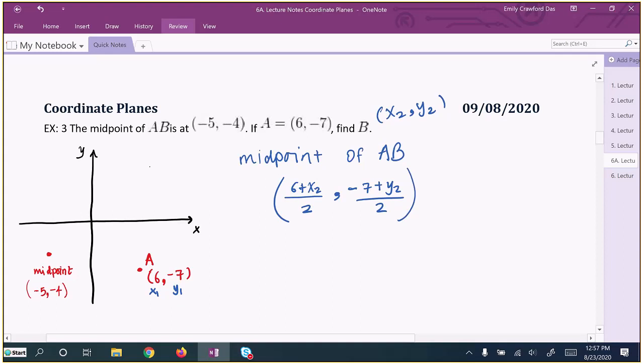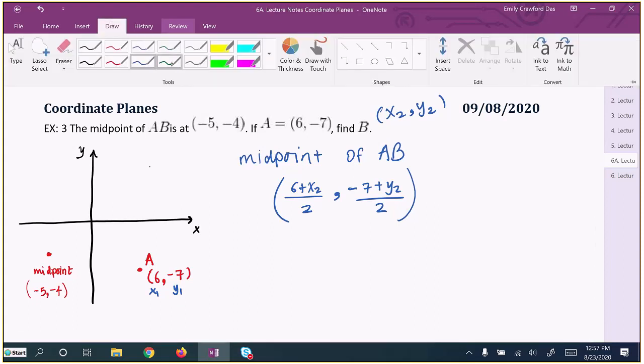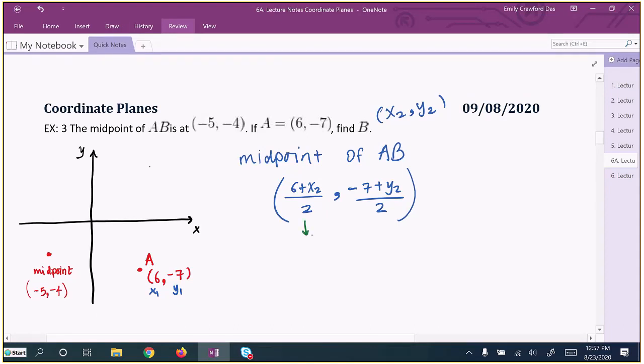And I know that the midpoint is actually (-5, -4), so what I have are two equations. So this one should be equal to minus 5, and that will help me solve for x2. This one should be equal to minus 4, and that will help me solve for y2.